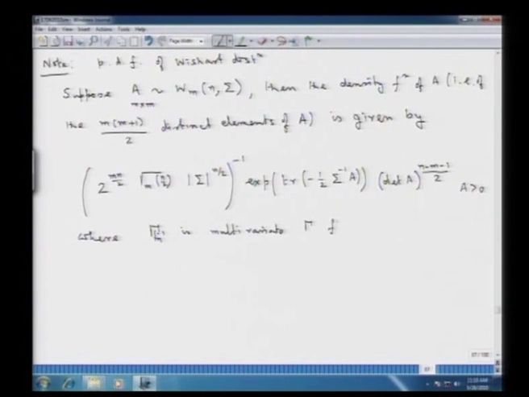So, although we have not used this particular density in order to derive any results as such, for the sake of completion, this is the density function of a Wishart distribution.